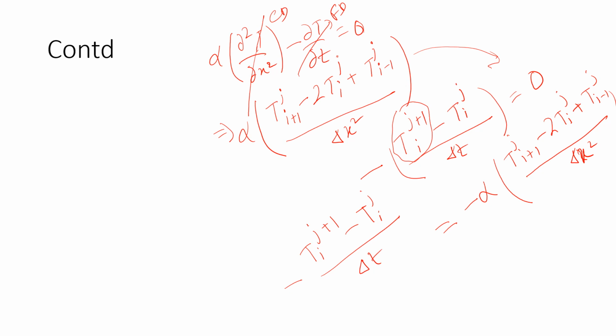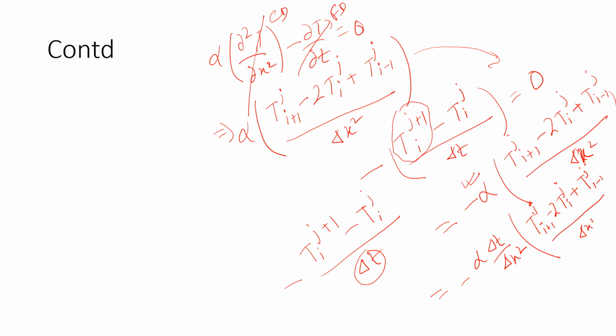Now, if I multiply this del t, which is the denominator, to this term, this term becomes minus alpha del t by del x square, and this will be T(i+1, j) minus 2T(i, j) plus T(i-1, j).